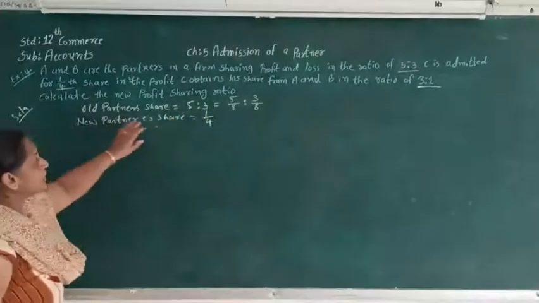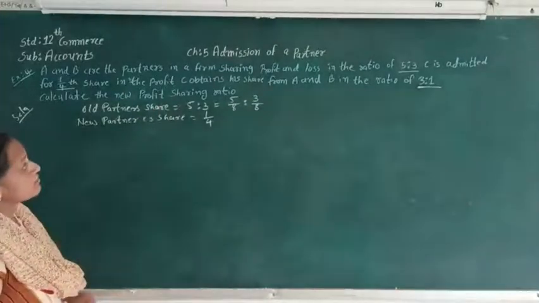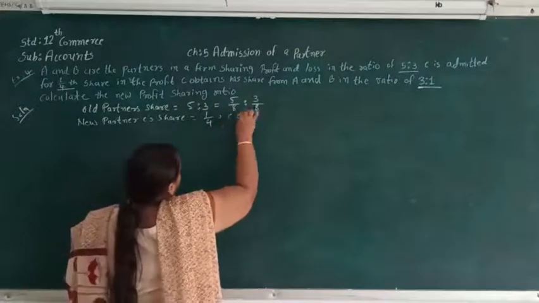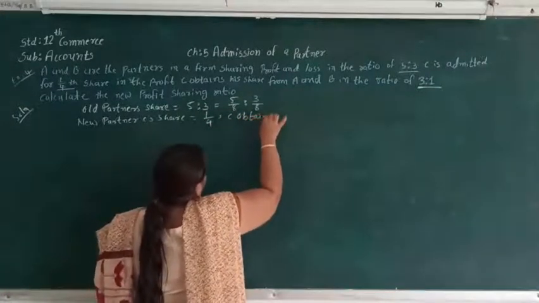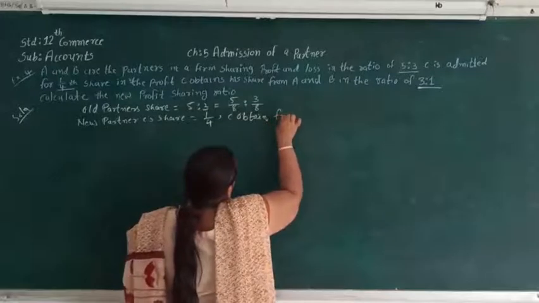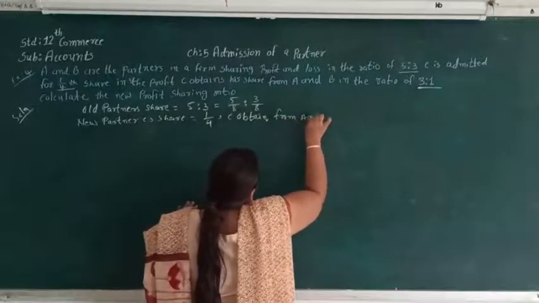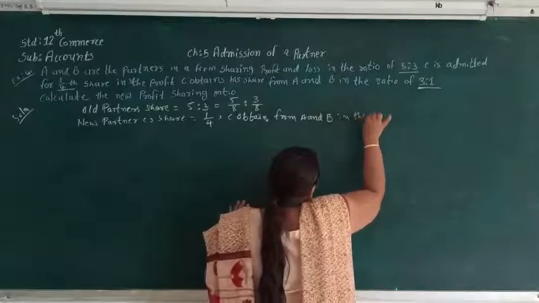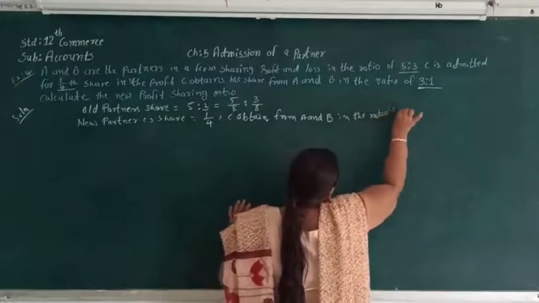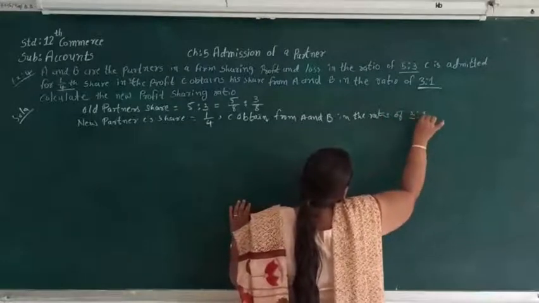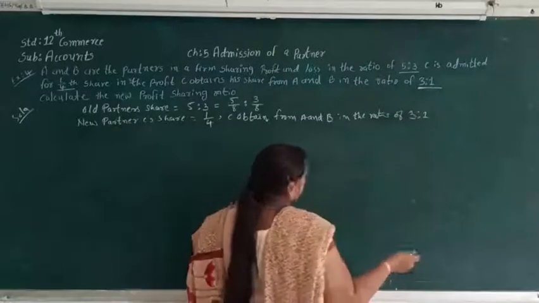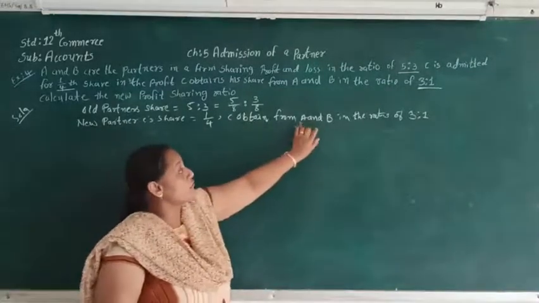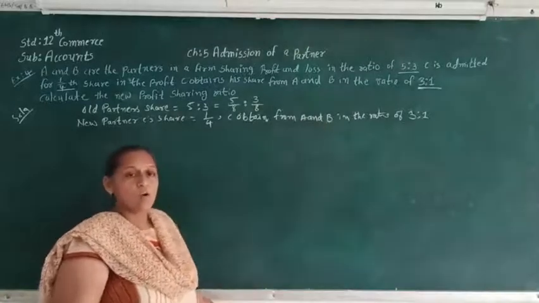And that 1/4 C obtains from A and B in the ratio of 3:1. So first we have to find out the sacrifice of the old partner.